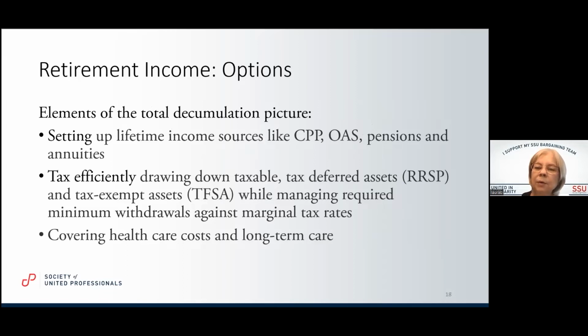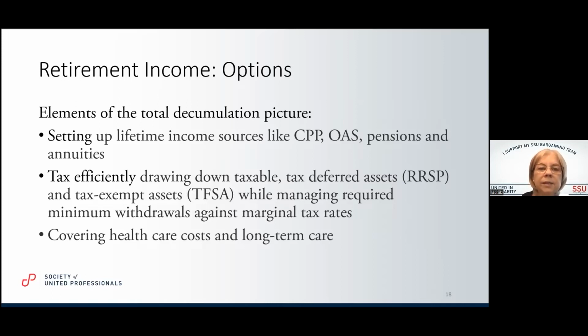There's more to think about than just managing your workplace plan when you're preparing for retirement. It's important to look at the total picture, and here are some elements of that total picture. You've got to actively apply for and start accessing your entitlements under the Canada Pension Plan, the Old Age Security Program, and any pensions and annuities that you might have. Tax planning is very tricky.